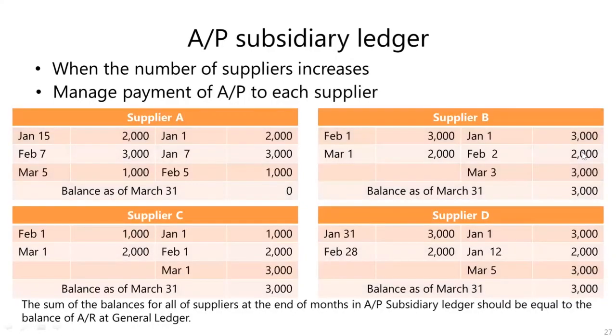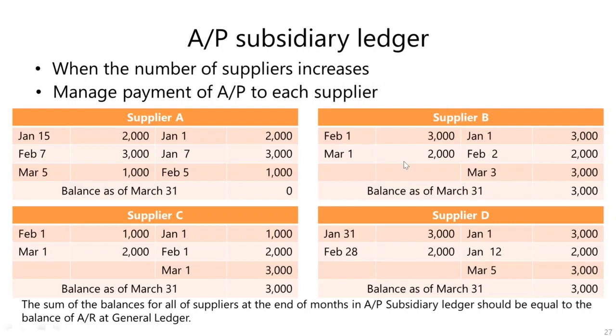The accounts payable subsidiary ledger works in the same way. When you deal with suppliers, you can manage accounts payable for each supplier and see how much balance is left for payment.